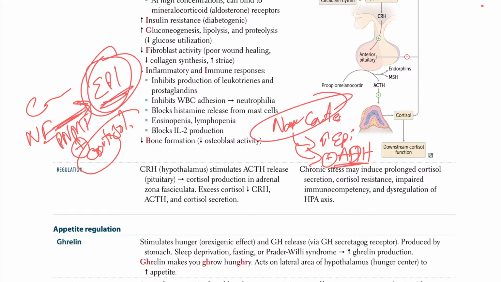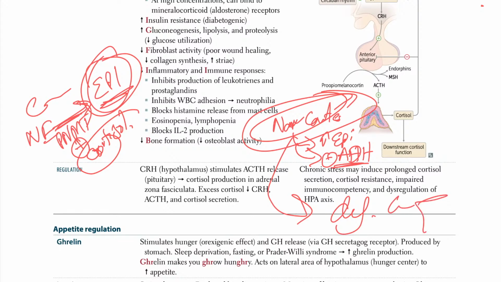When the cortisol is there, it tries to give a negative feedback for the ADH production. But again, this is normal cortisol. So guess what's going to happen when you have deficiency of cortisol? You are going to have increased ADH because there's no negative feedback. And you also have increase in ACTH to cause more and more release of cortisol.